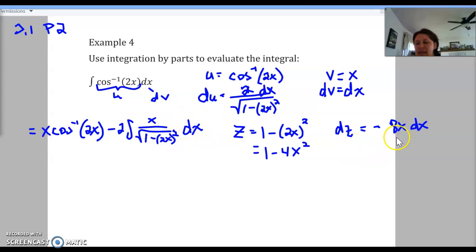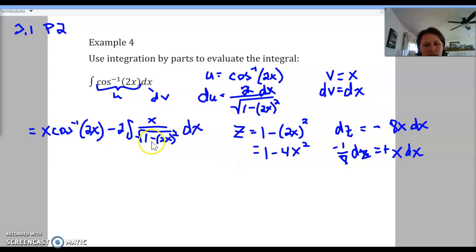And the 8, we can bring over here. So negative 1/8 dz equals x dx.